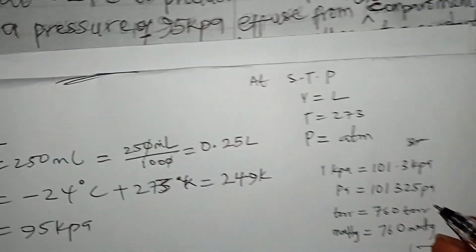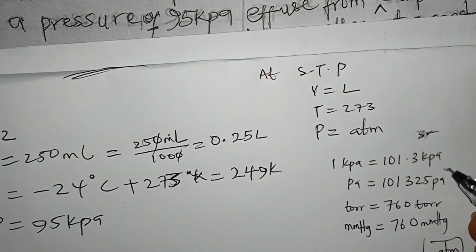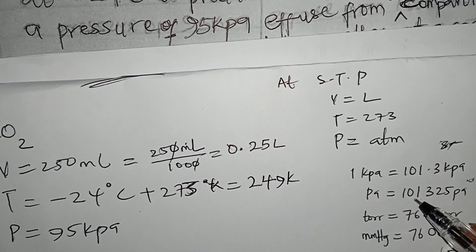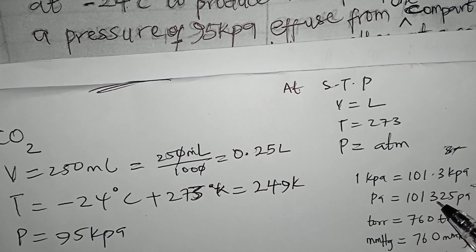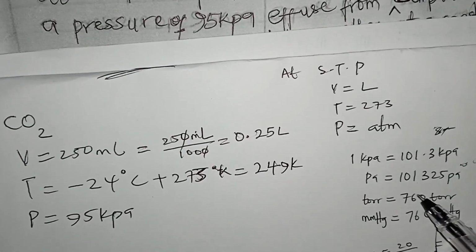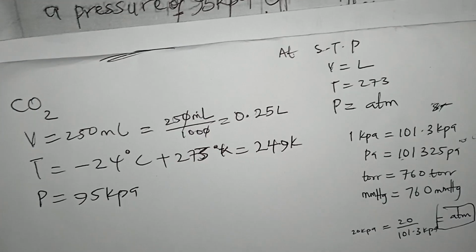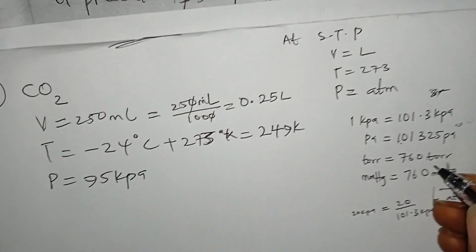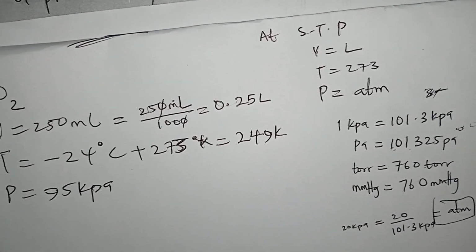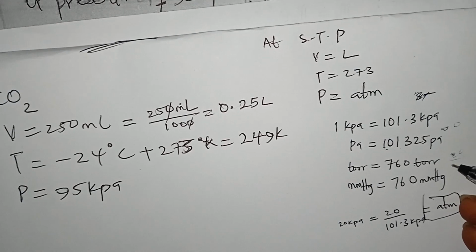The same thing applies when I'm given pascal. If I want to convert from pascal to atm, let's say the value given for pressure is 10 pascal, I'll do 10 over 101,325 pascal. When I'm given a value in torr, let's say 20 torr, to convert to atm, I'll do 20 divided by 760.